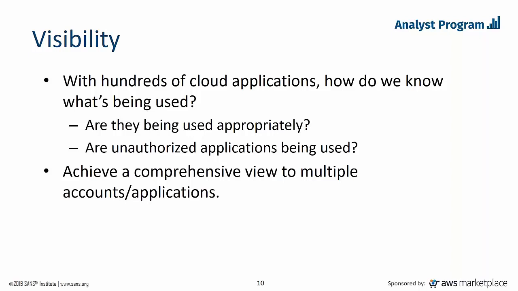Now, with tons of applications being used by organizations, providing a comprehensive view to our security teams and our operation teams is going to be very important to be more efficient when it comes to understanding day-to-day operations of what users are doing, as well as enhancing incident response.